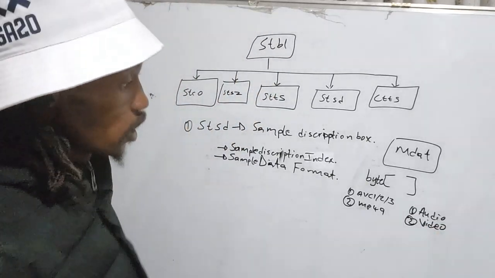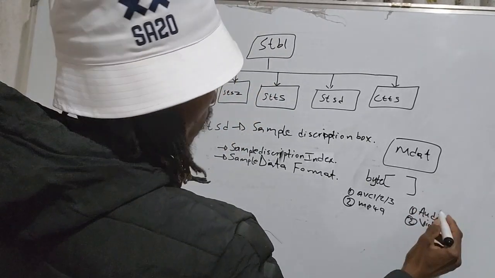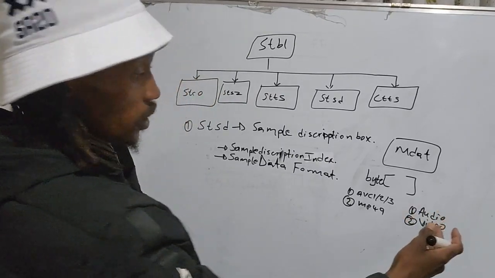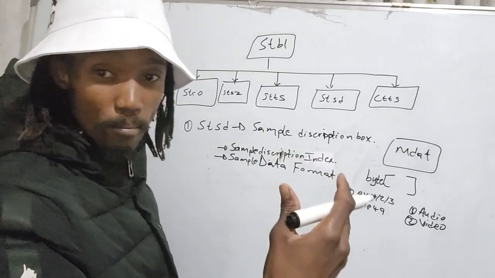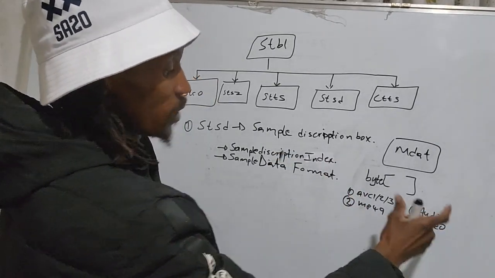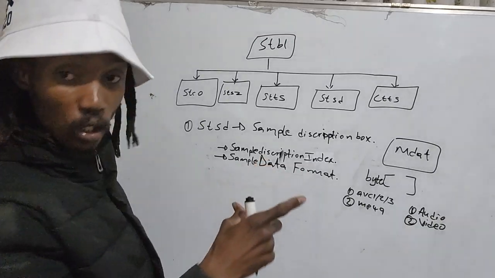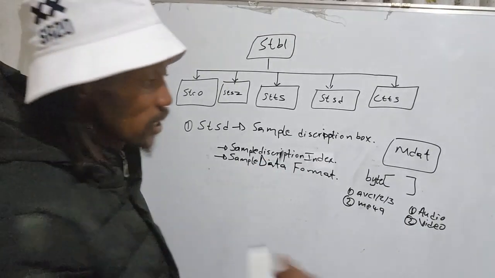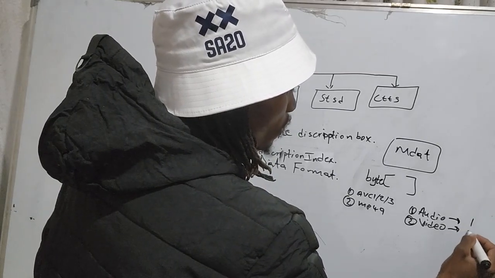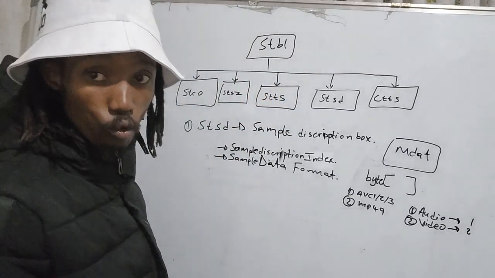Does that make sense? So these tracks would be assigned a sample index. The samples of audio would be assigned a sample index. For example, audio may be assigned 1 and video may be assigned 2.